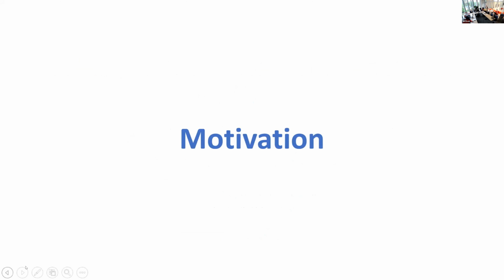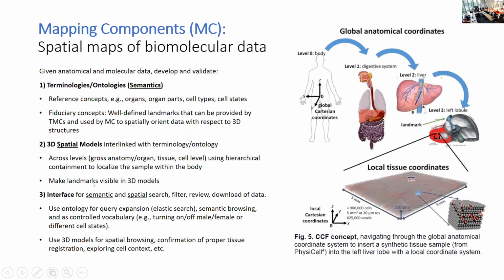Okay, so just to give some motivation of how this works, and we'll try to keep this brief so there's more time for discussion. As you've seen in the wonderful introductory talks, we are trying to really aspire to map the entire human body. And so how do you robustly navigate through the human body, accounting for variability from person to person? And one way to do this is to start thinking of this in terms of an ontology.